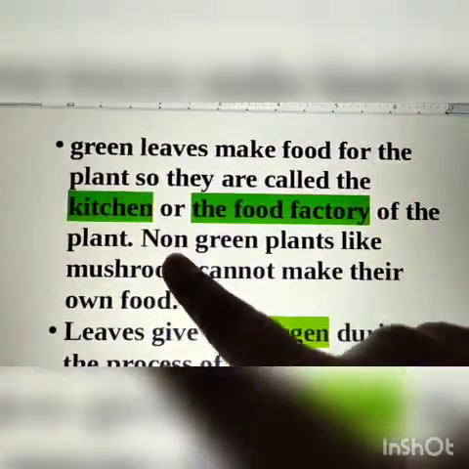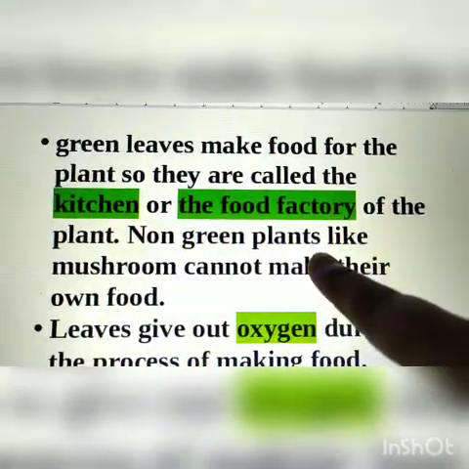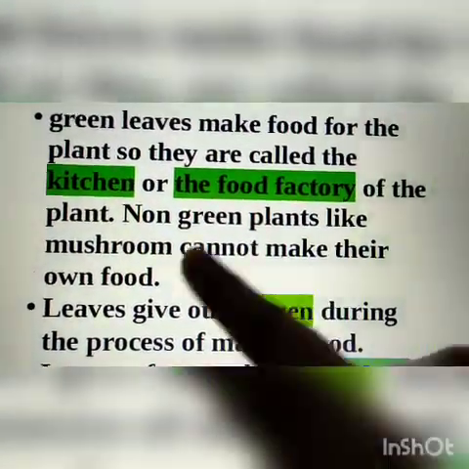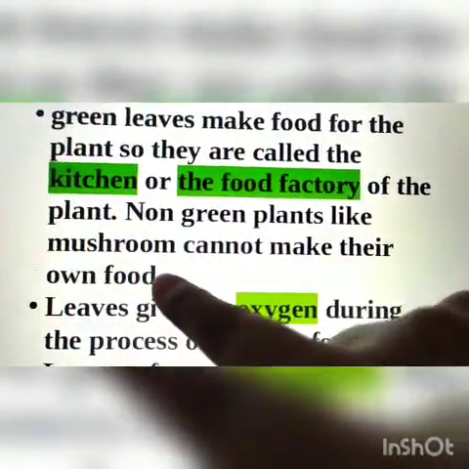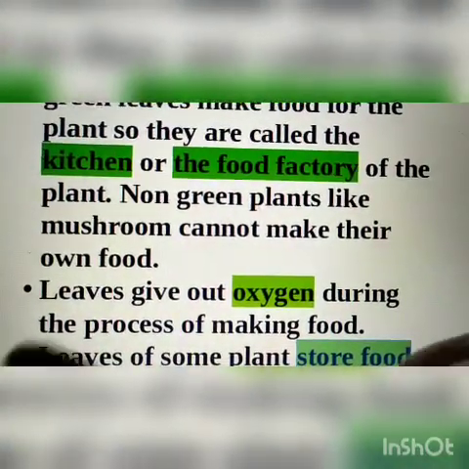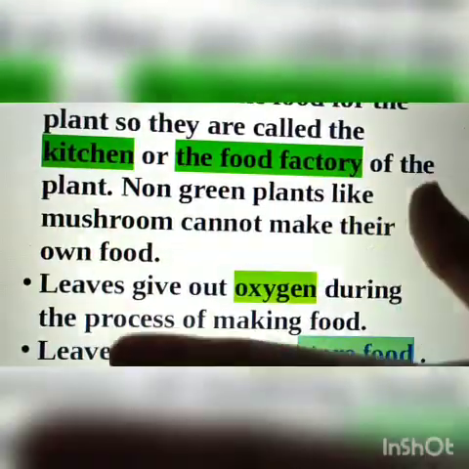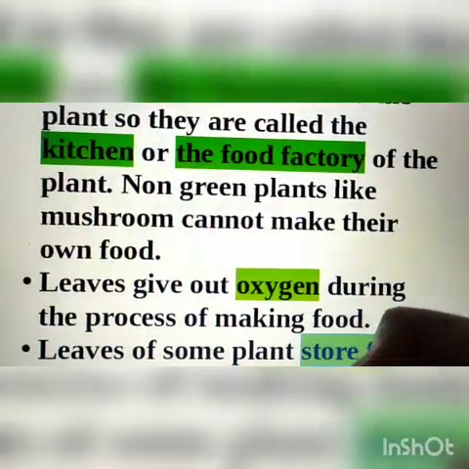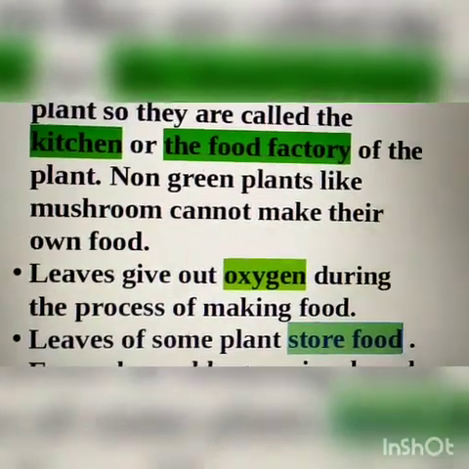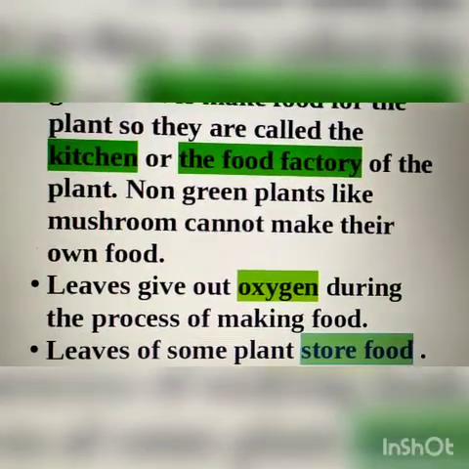Now, non-green plants like mushroom, meaning they are not green in color, cannot make their own food. But why can they not make their own food? Because they don't have a green pigment called chlorophyll, as we have discussed.